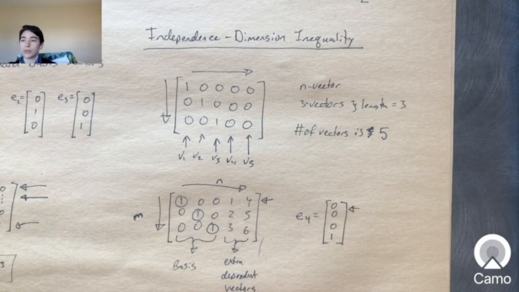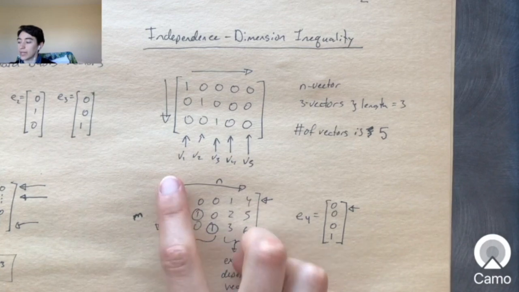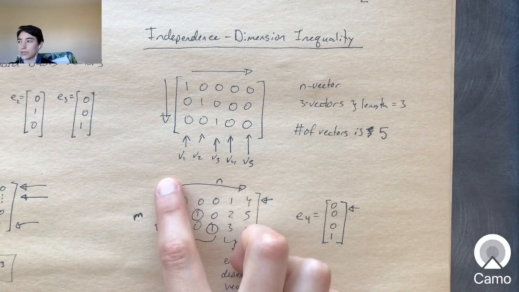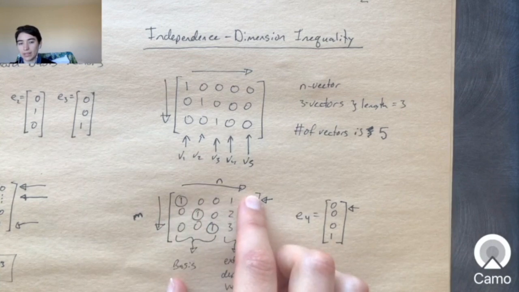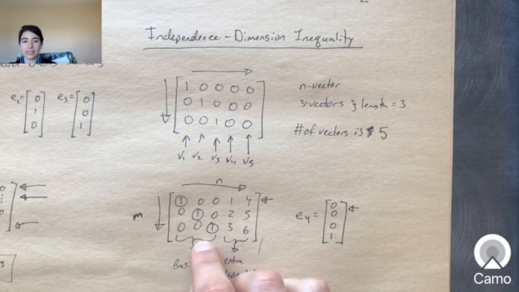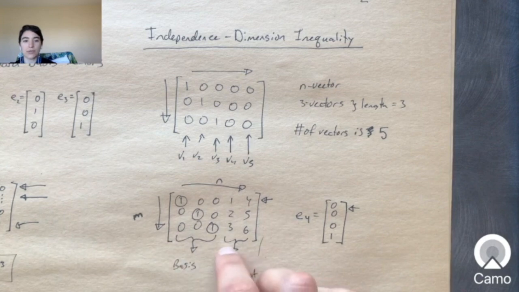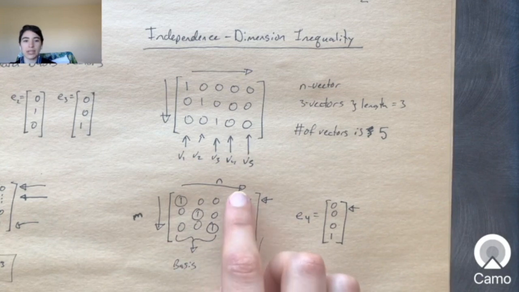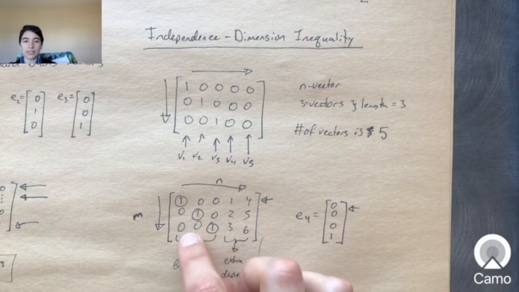And from this we can see that if we have a matrix that is shorter than it is wide, there's no way we can have more basis vectors than 3, because we don't have the length of the matrix in order to do it. So we wouldn't be able to put in 0, 0, 0, 1, because it's not long enough.